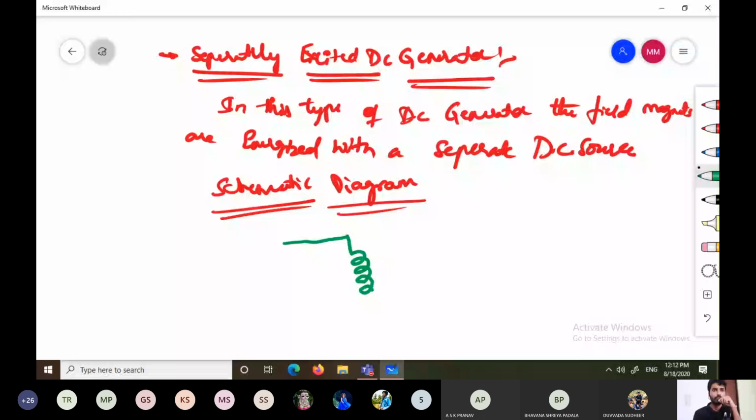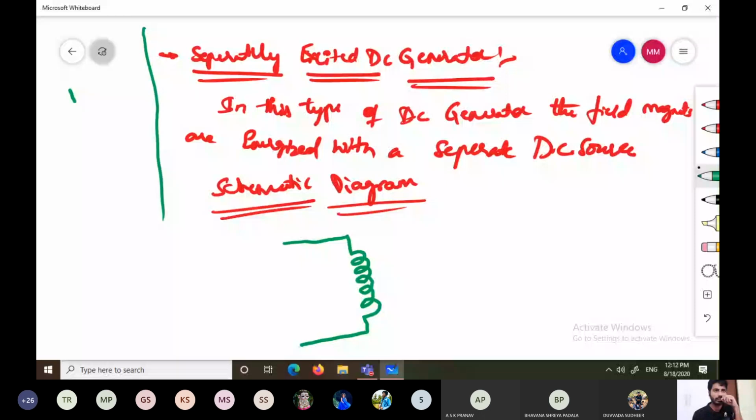Here there is an important observation. The field winding is represented like this. You can see the winding which I have drawn here. The field winding terminals are F and FF. And the armature is represented like this in the case of a DC generator.